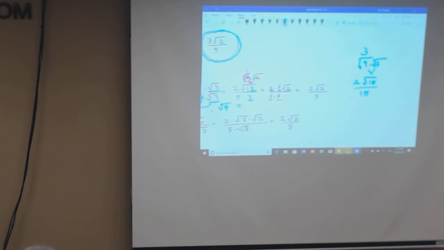So now I end up with 6 times the square root of 2 over 15. But what can I do with 6 and 15? 3 and 2. And 3 and 5. And the 3's cancel. So the answer is 2 times the square root of 2 over 5.